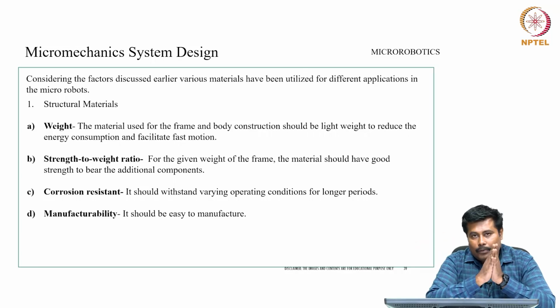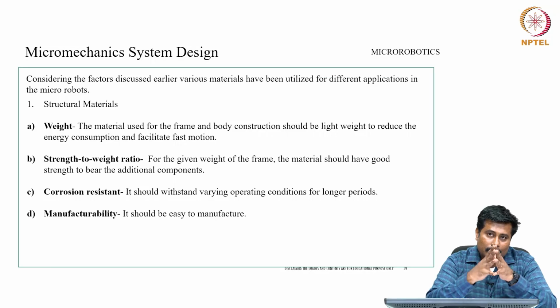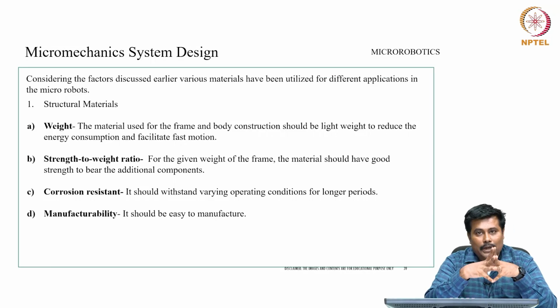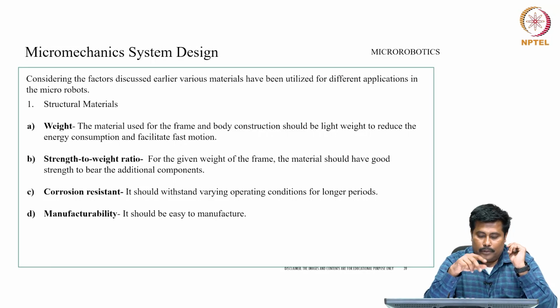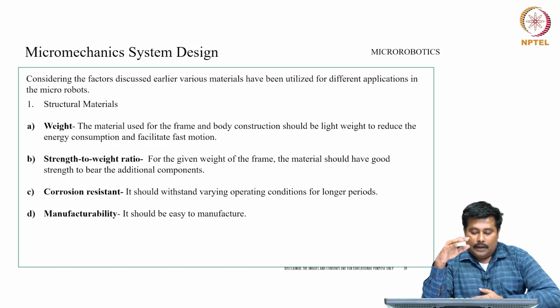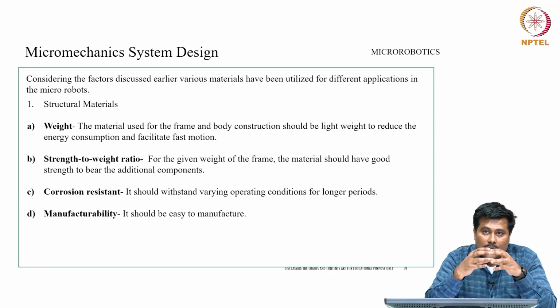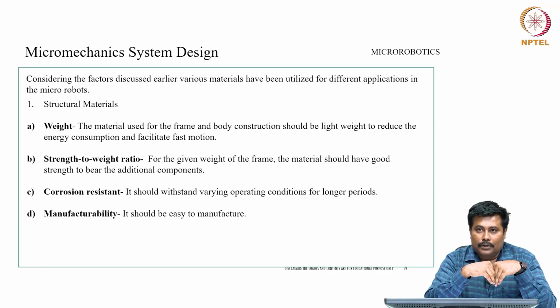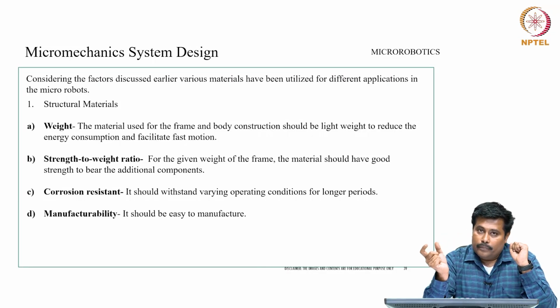In fact, propulsion in a micro robotic system is one of the key aspects which we may need to consider. When we consider propulsion, the overall body construction and the lightweight will also come into the picture for effective propulsion or effective micro manipulation.